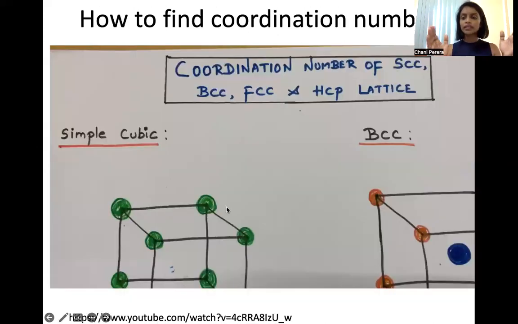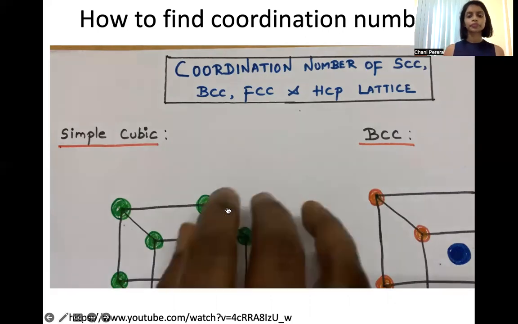I will separately include how to find the coordination number. This is just a slide to help you get a clear idea about the coordination number. If you are confused, you can refer to this YouTube video, or there are better YouTube videos on the internet. Just make sure that you're looking at a very reliable one.